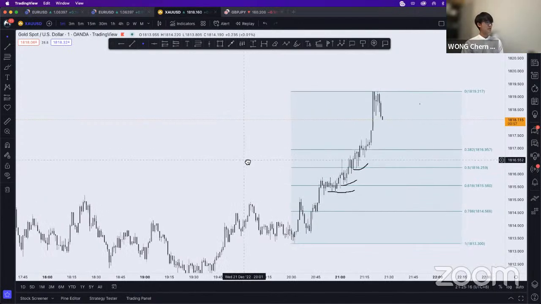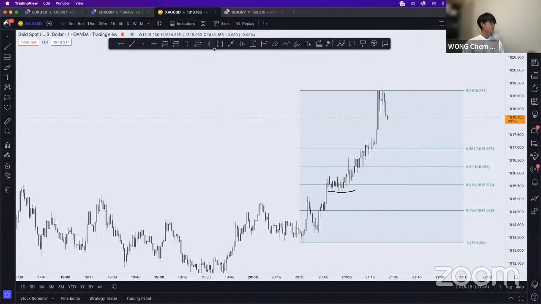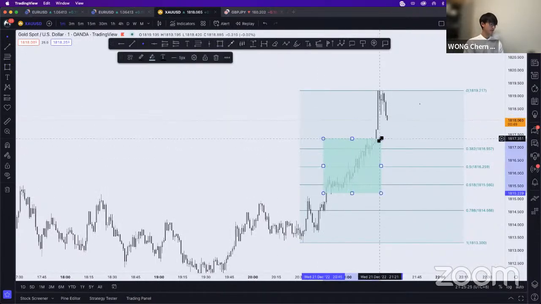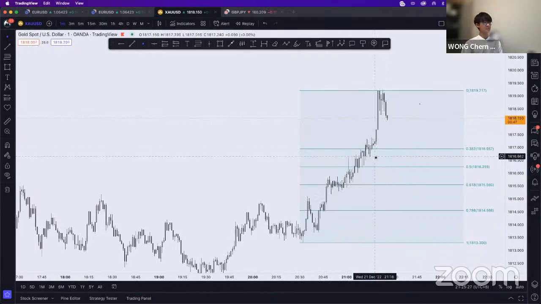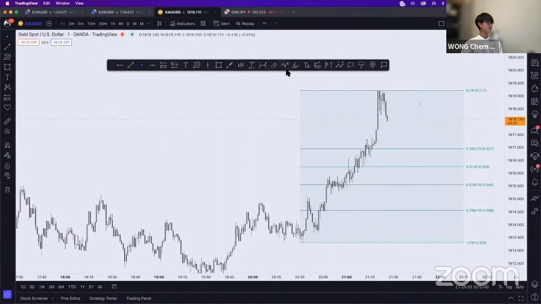Yeah, so if I'm looking for an entry right now, we see this entire thing over here that doesn't seem to give us any proper supply or demand zone whatsoever. So how I would like to enter my trade is that first things first, I would like to see price tap into one of the key levels, talking about the Fibonacci levels that Chen and you have talked about.